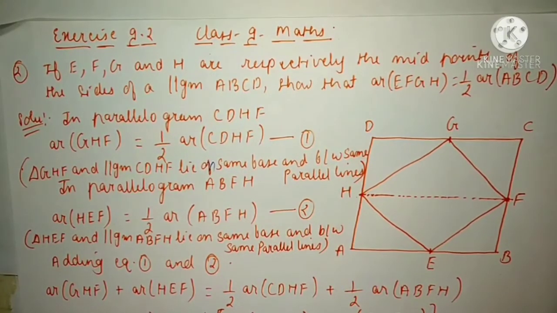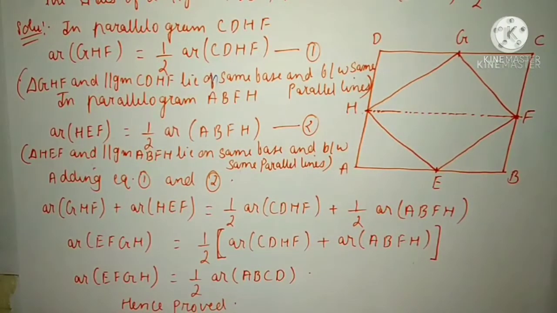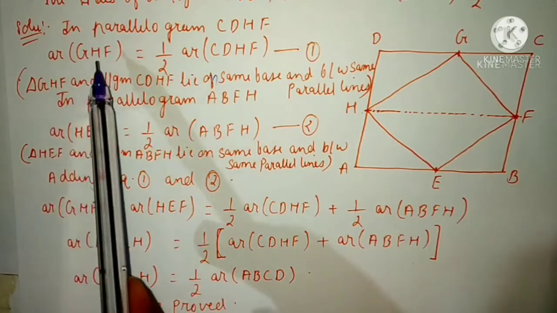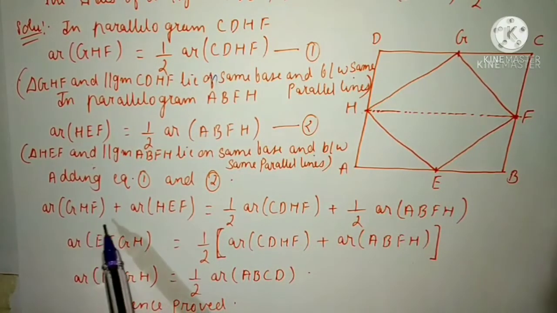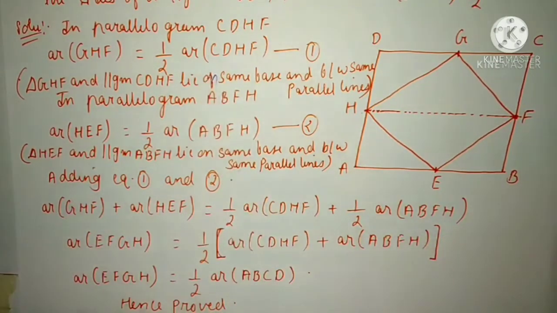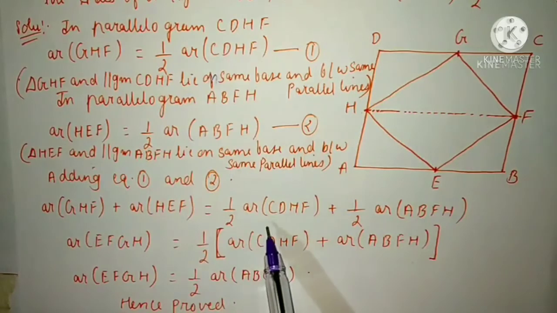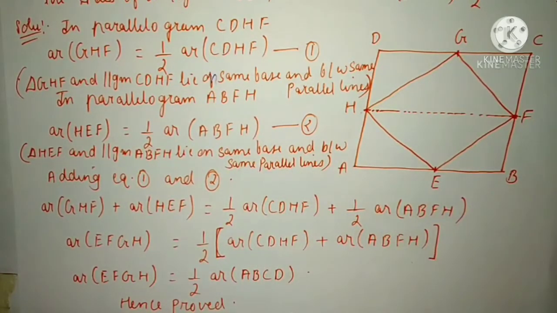Okay, now we got two equations. Now what we will do, we will add equation number 1 and 2. So first add the LHS of both the equations. Area of GHF plus area of HEF is equal to, now add RHS, half of area of CDHF plus half of area of ABFH.